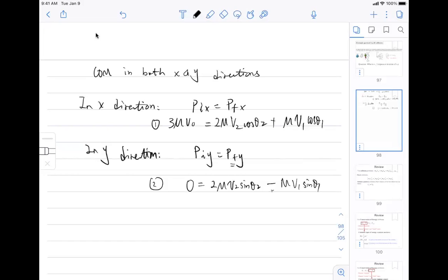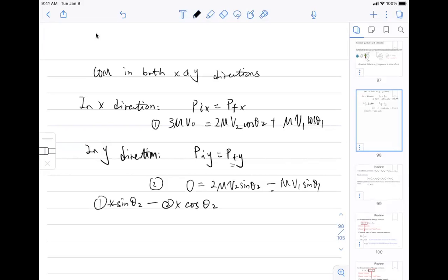So there's a trick I'm going to do. I'm going to multiply equation 1 by sine theta 2 and equation 2 multiplied by cosine theta 2. Okay.